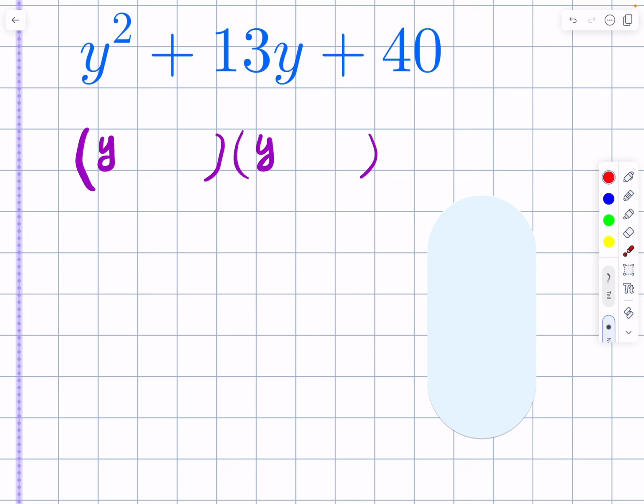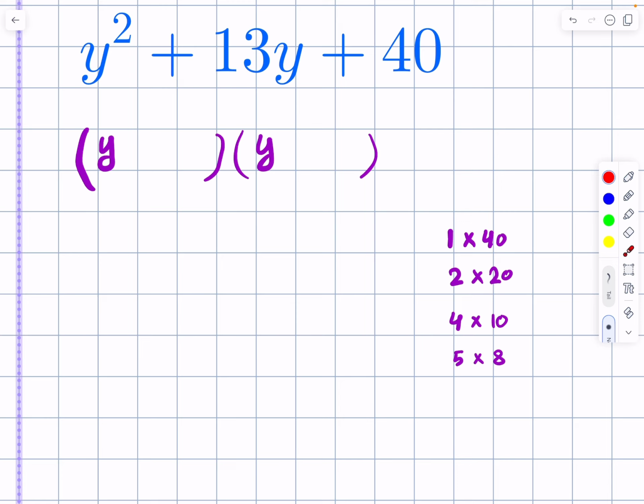These are all the pairs of numbers that multiply to 40. So 40 can be written as 1 times 40, or 2 by 20, 4 times 10, 5 times 8. Since the two numbers add up to 13, we would choose 5 and 8, because 5 plus 8 is 13. So here we have plus 5 and plus 8.